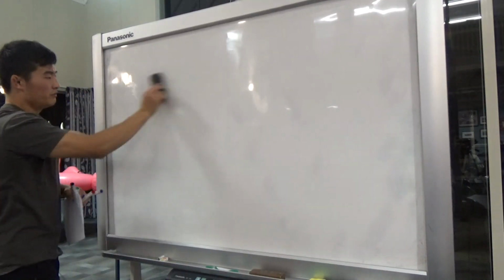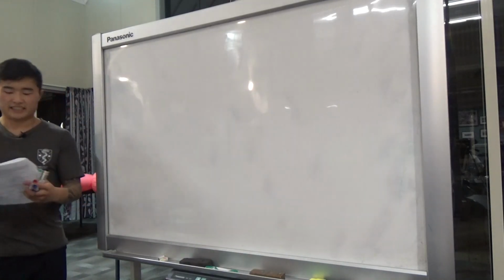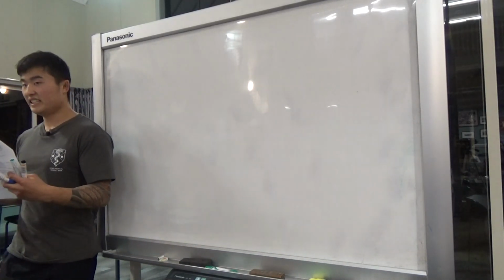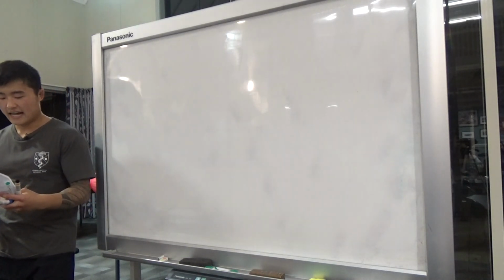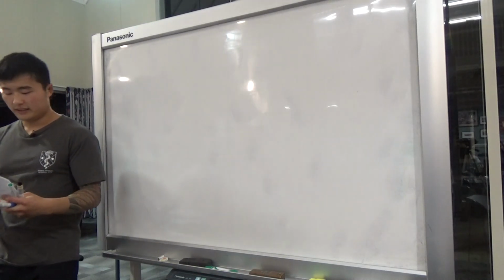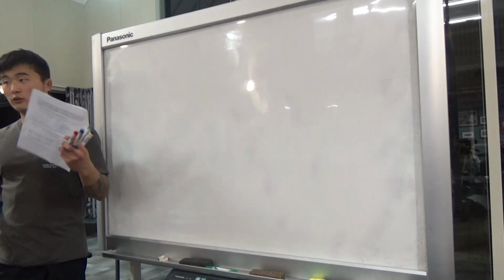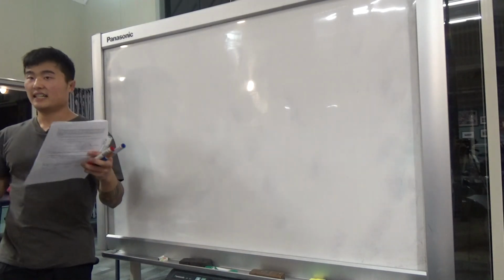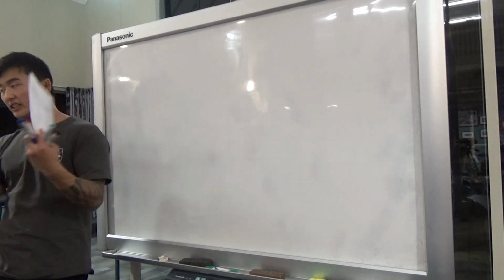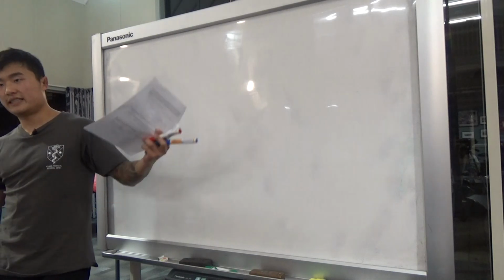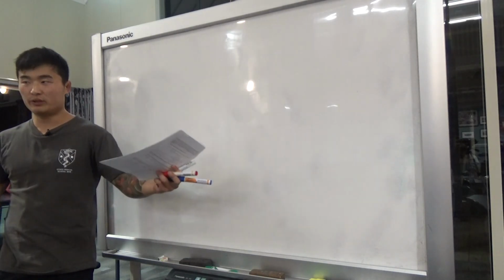So now we have binding energy. The binding energy of an atom is the difference in energy between when all the protons, neutrons, and electrons are bound together and when they're all just unbound or separate.